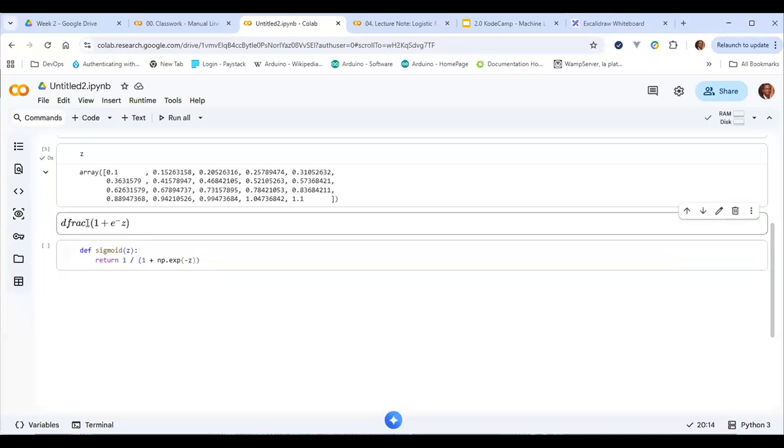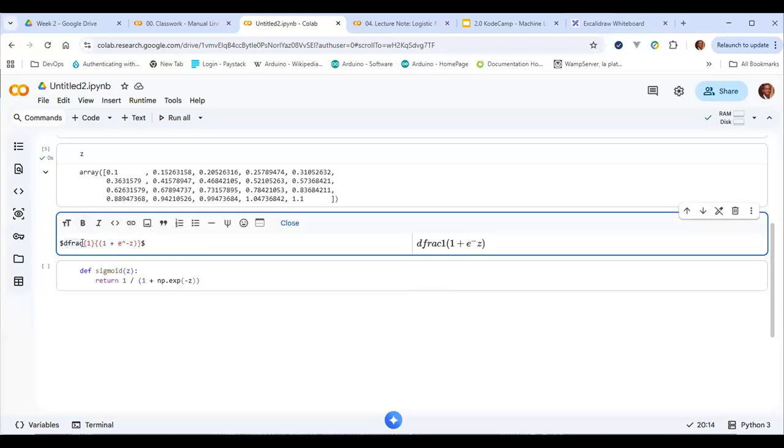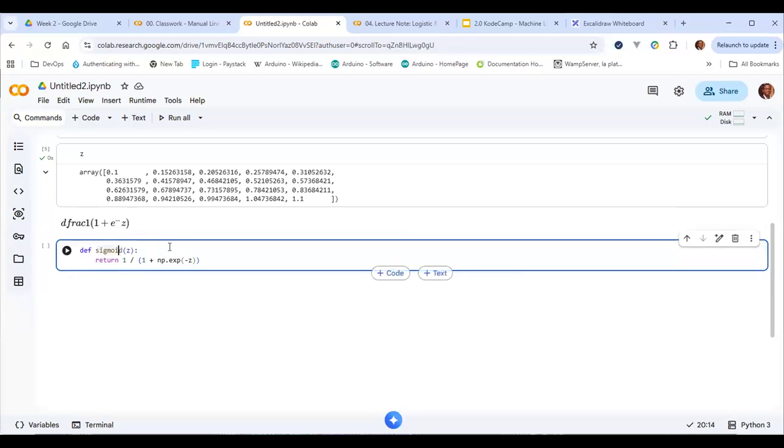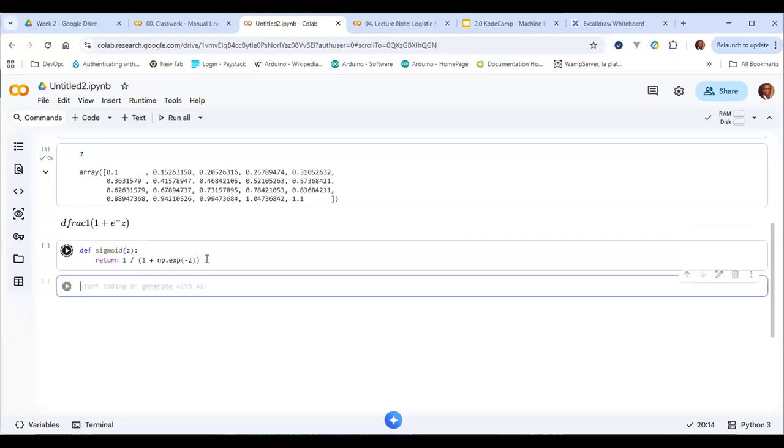I probably have missed some. Okay, I've missed some. Anyway, let's move on. I'll need to correct that. So this is the sigmoid function, right?